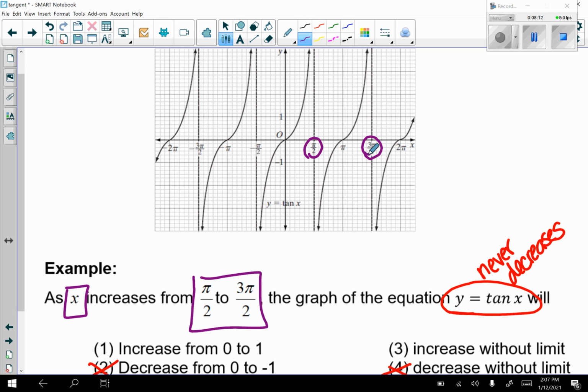So my graph is going from here all the way up. It is increasing without limit. There's an arrow on the end. It is not stopping at 1. So these are the types of questions that you might see for tangent.